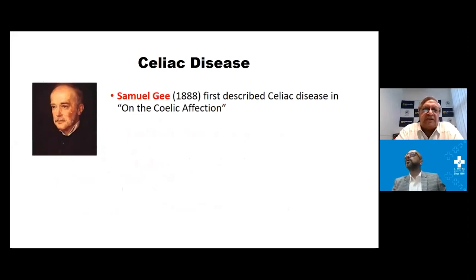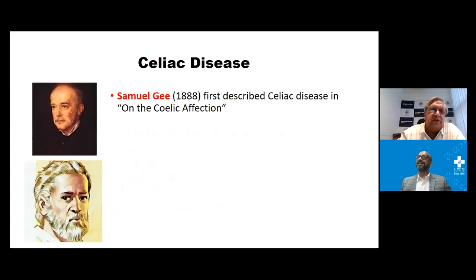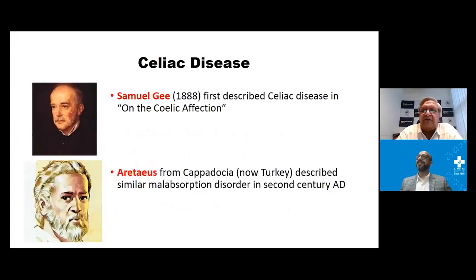It was first described as celiac disease by Samuel Gee in 1888. Though when you look at the literature, you find that Aretaeus from Cappadocia, now in Turkey, described similar malabsorption disorder in the 2nd century AD.